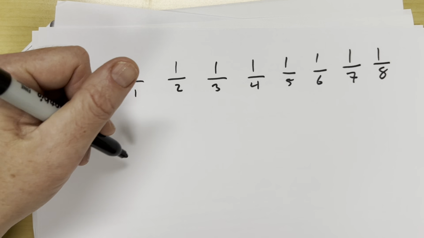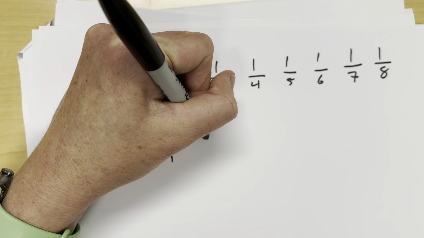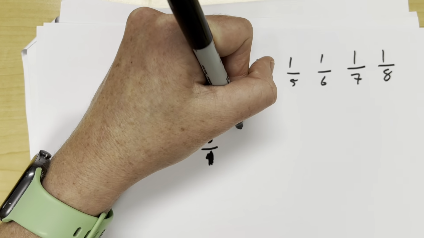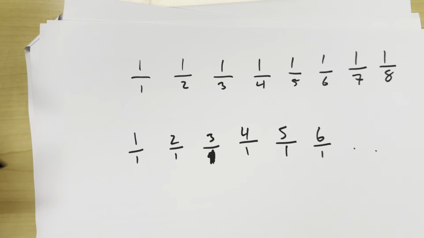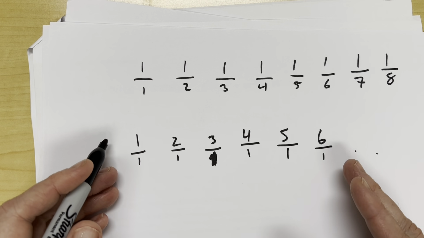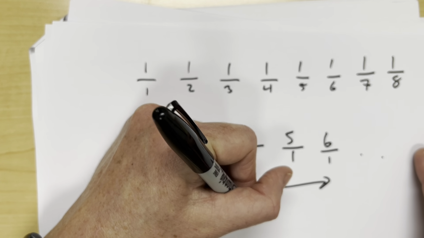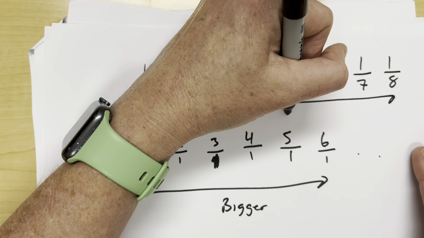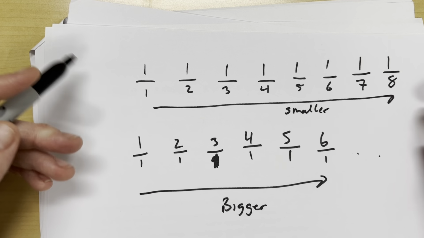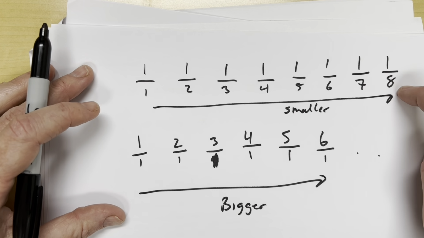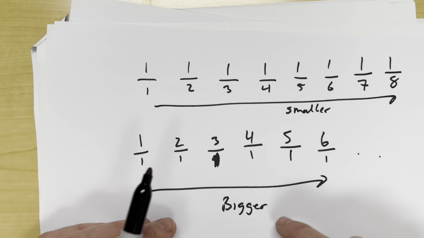If I were to do the opposite, 1 over 1, 2 over 1, 3 over 1, 4 over 1, 5 over 1, 6 over 1, etc. As this number increases, we're getting bigger. But in the other case, we got smaller. So how big the numerator or denominator is changes the value of the number, right? If you have a big denominator, you're going to have a small number. If you have a big numerator, you're going to have a big number.